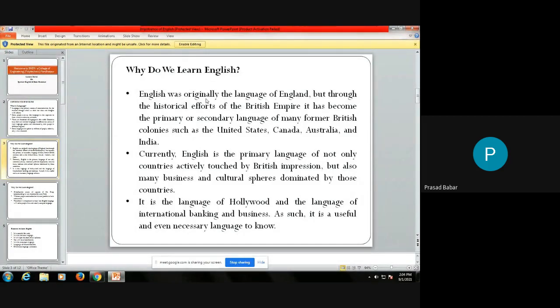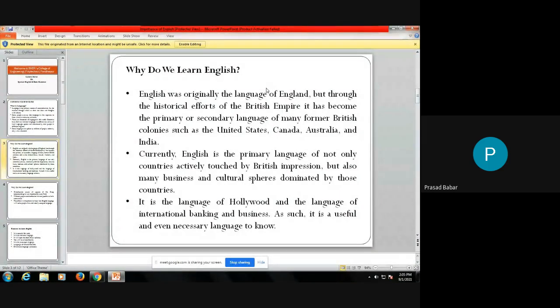Okay, so English was originally the language of England. Yes, it is the language of England, Britain. But through the historical efforts of the British Empire, it has become the primary or secondary language of many former British colonies, such as the United States, Canada, Australia, India, South Africa, African countries.